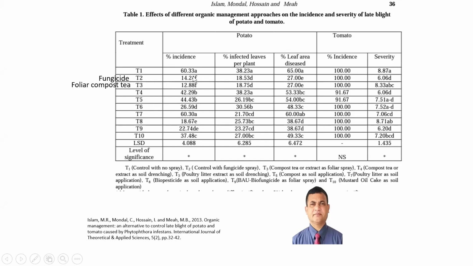And if we look here at potato, the control, which is T1 here, 65% of the leaf area was diseased with late blight, but the fungicide and the compost tea were equally effective at reducing that infection. And a similar result, not quite as powerful on tomato.